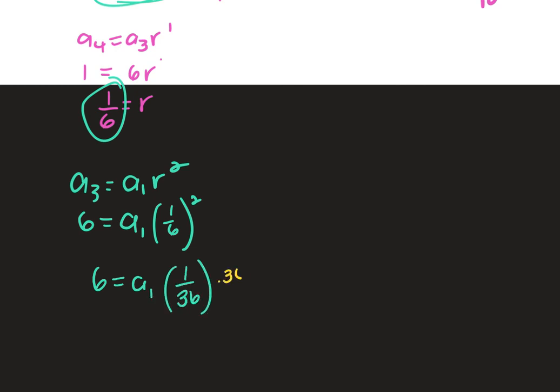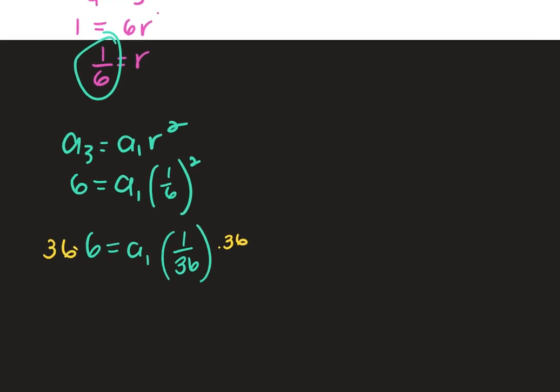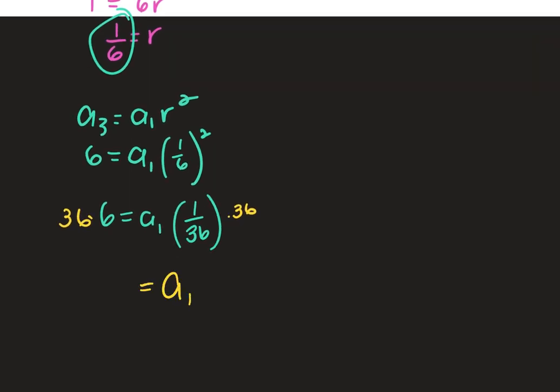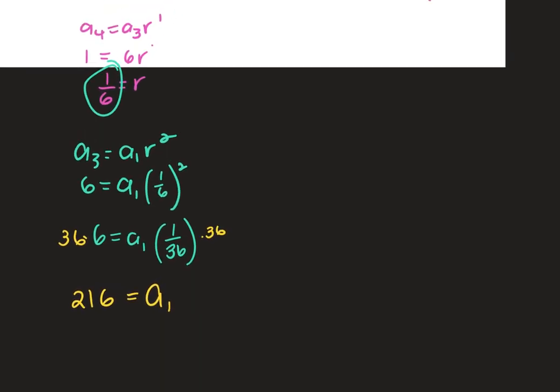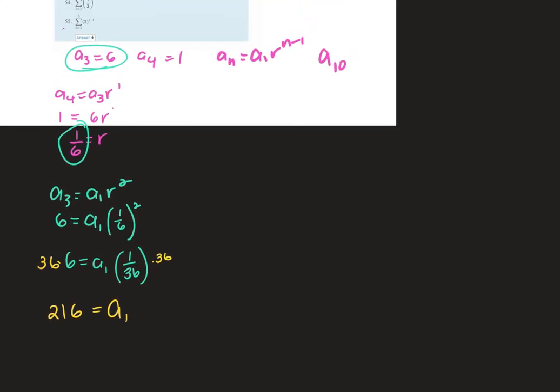Multiply both sides by 36. A1 is 216. Now that fills in my equation. AN equals 216 times 1/6 to the n minus 1. That's one answer.